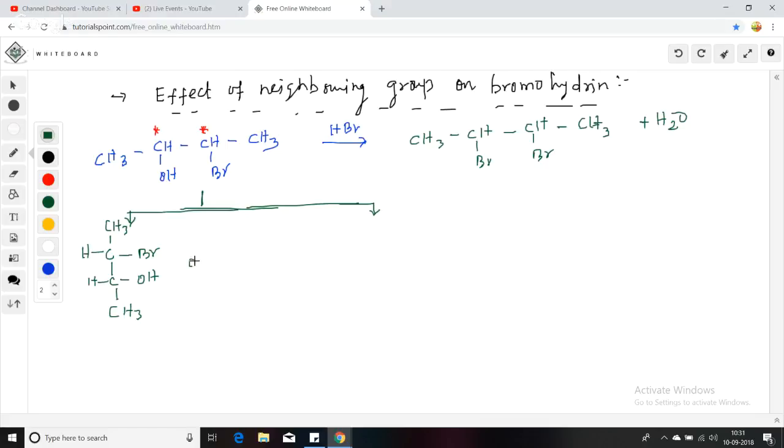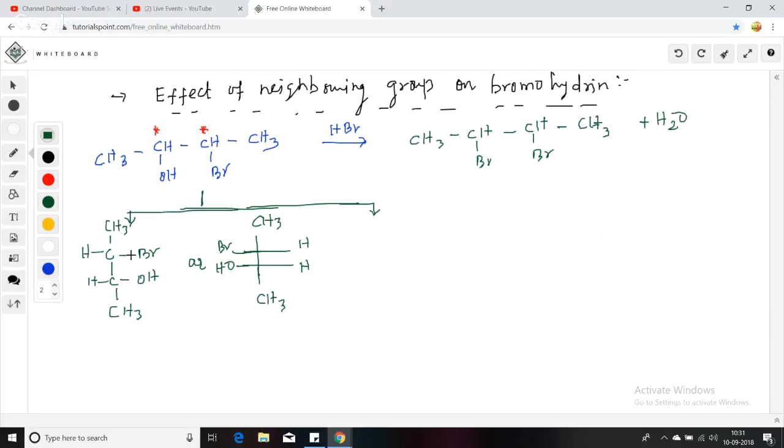Or we can also draw this structure as this. So if I write down like this simply, CH3, CH3. This side we have hydrogen, hydrogen, and here we have Br, and here we have OH. These two are same.